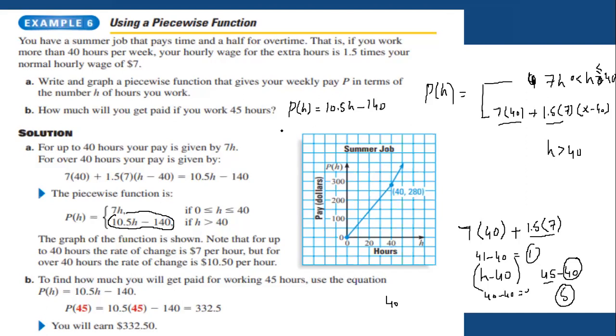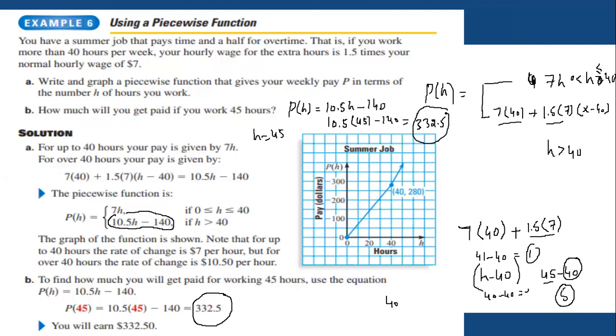Now put h equal to 45. So we have 10.5 multiplied with 45 minus 140. When you simplify this, it equals 332.5.